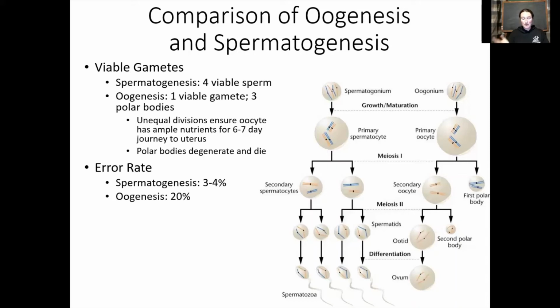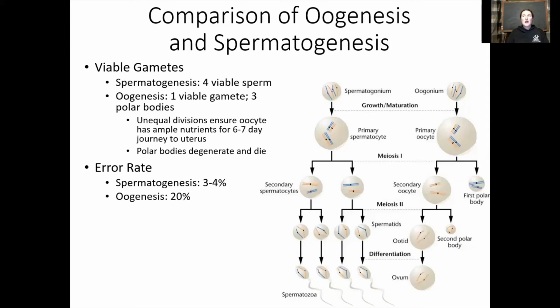Individual cells can be paused in prophase I, just stuck there, all the chromosomes kind of wrapped up together, and then 40 years later we have to unravel them and pull them apart and continue with this process. And so there is a fairly high error rate, especially towards the end of the woman's reproductive years, because of that pausing.